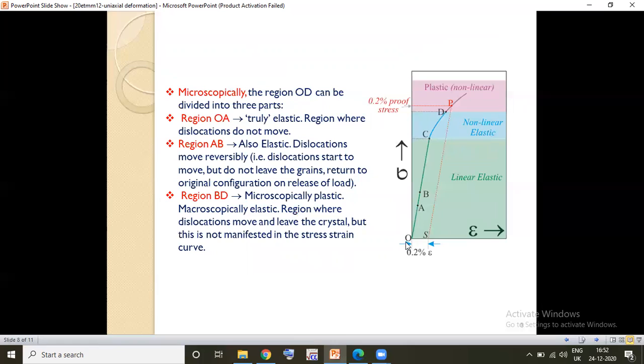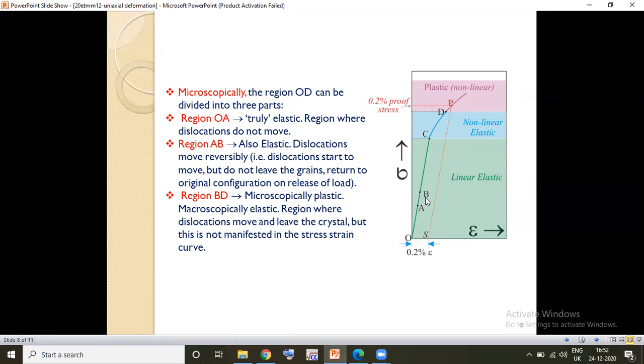Now we can subdivide it into O, A, B, C, D, and P. So O to A is truly elastic in nature, the region where the dislocations do not move at all. The region A to B is also elastic, but the dislocations start to move but do not leave the grains.